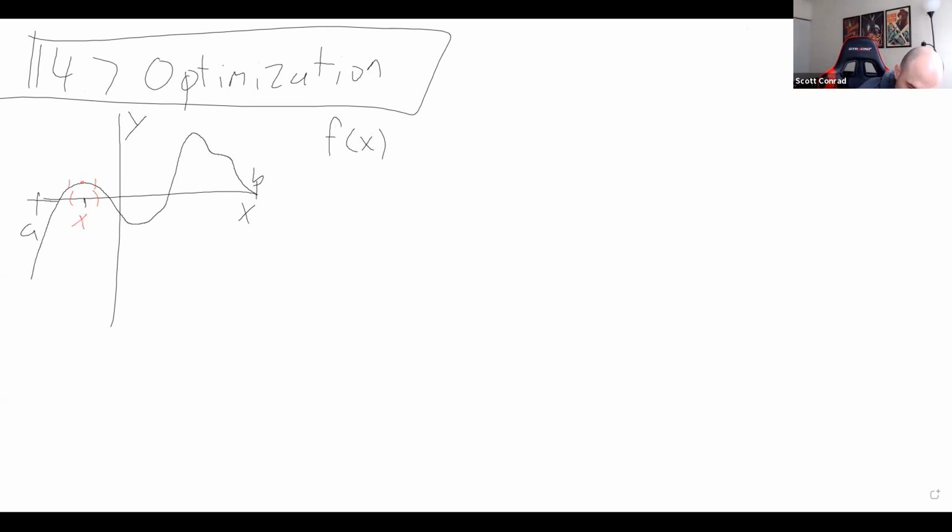Let's call it x1. So if we pick any point x near x1, the value of the function is going to be less than or equal to the value of the function at x1, for all x near x1.